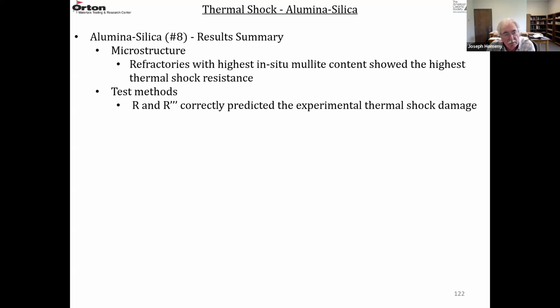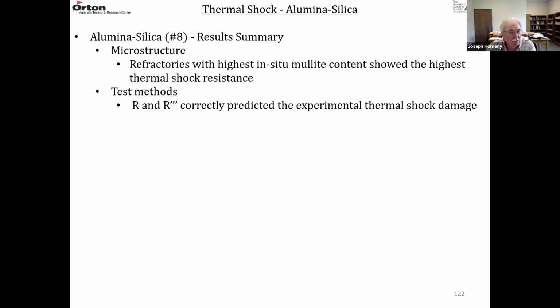But I think the best way, if you're looking at a microstructure variation to improve thermal shock, is to look at R, R ST, and R4 prime and measure what we call gamma MBT and gamma WF, strength and modulus, all as a function of temperature.